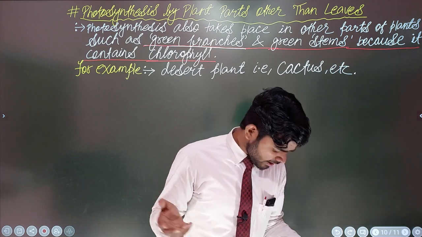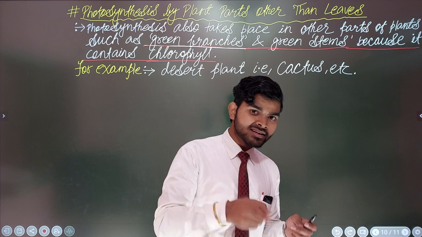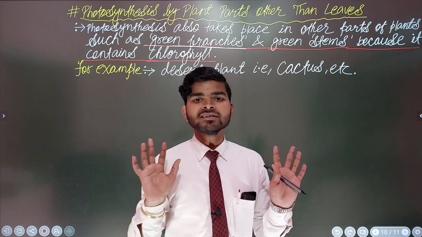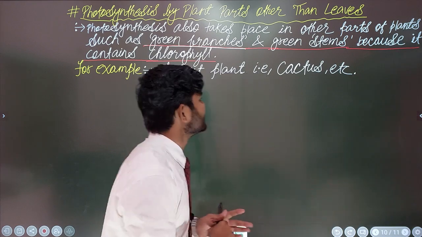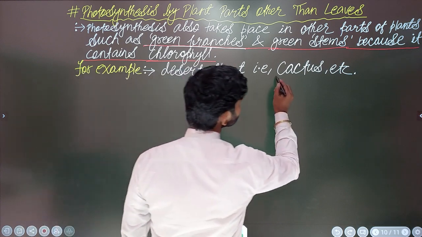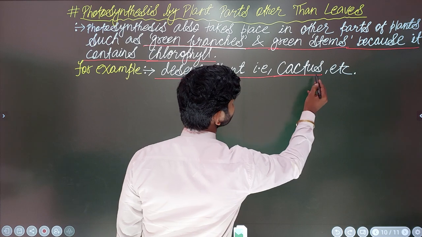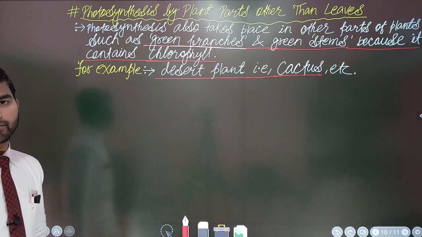That's why we are calling them green branches or green stems, because they have chlorophyll. That's why the branches or stems are green in color. Concept clear? Of course, clear. An example of this type of plant is the cactus, which is found in the desert, a desert plant. So this is a very important example of this particular term. Okay then.